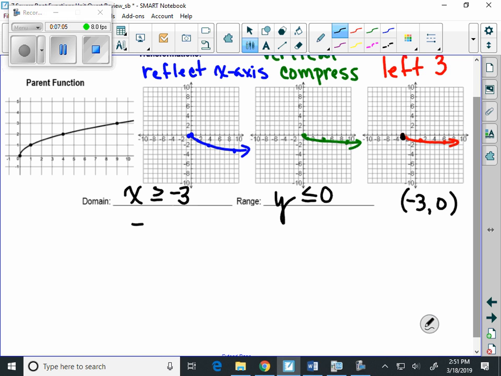So we're going to start at -3 when we put this in interval notation, and we're going to keep going to infinity. And on this one, 0 is going to be the highest point of the graph. We start at the lowest possible value, which is negative infinity, and we go to 0 for our interval notation.